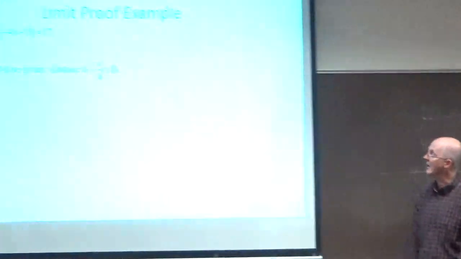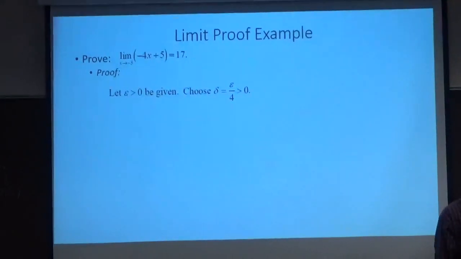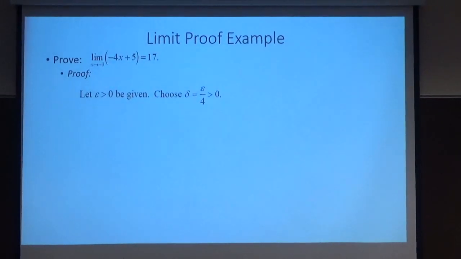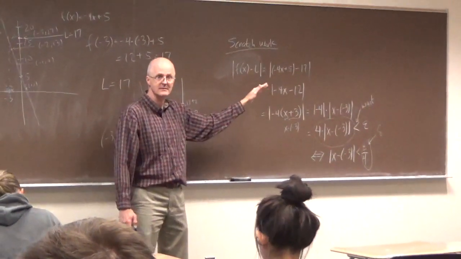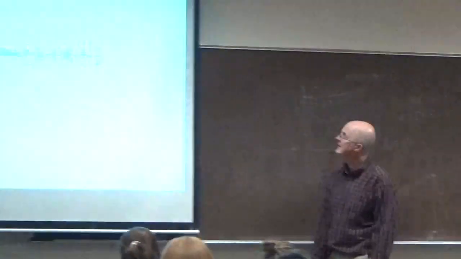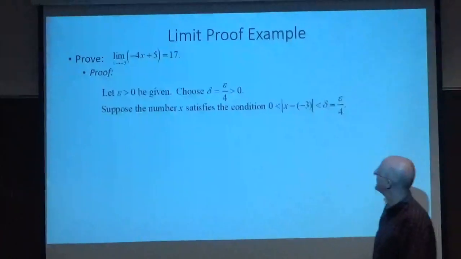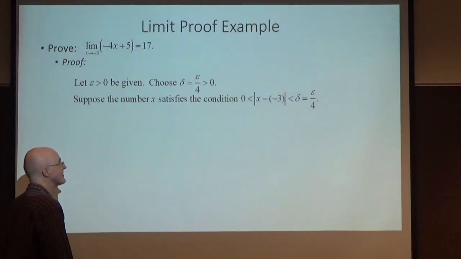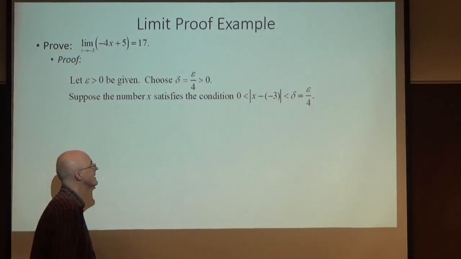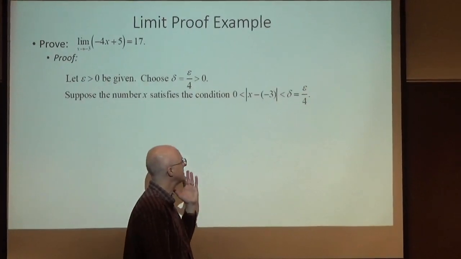What do I have to do now? I need to assume x is within delta of negative 3, and follow this logic to ultimately show this is less than epsilon. Suppose the number x satisfies this condition. What is that saying? Always remind yourself what that's saying.